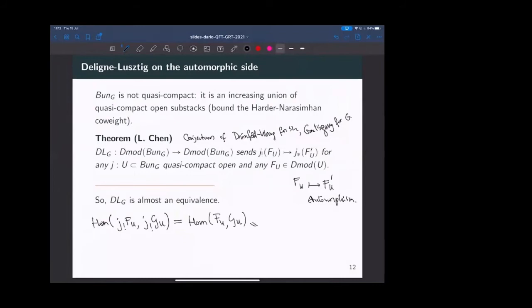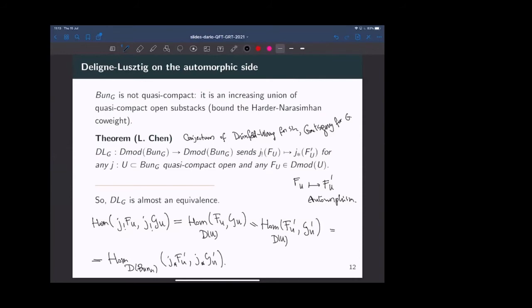But then since the prime thing is an equivalence, I can insert it. So this is Hom in D-modules on U. And the first one was D-modules on G, and then j lower star is fully faithful. So I show that this functor is fully faithful on pairs of objects that are shriek extensions.